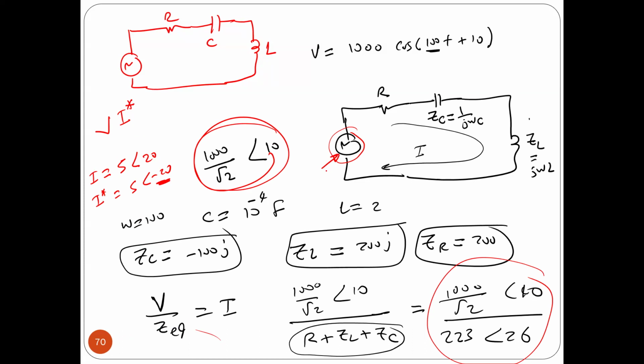Okay? To calculate the power of each element, because you already have the current, we have different formulas. One formula is V I asterisk, if you know the voltage across the element and I asterisk.